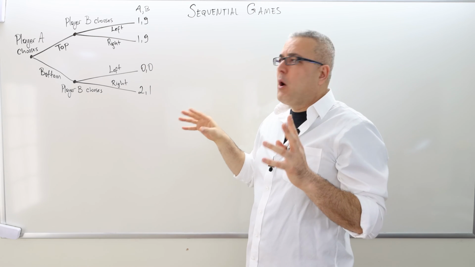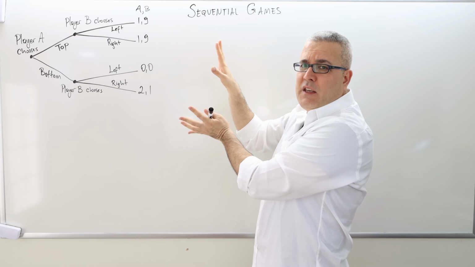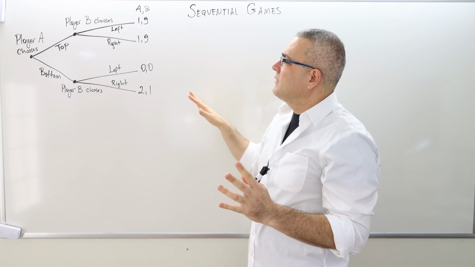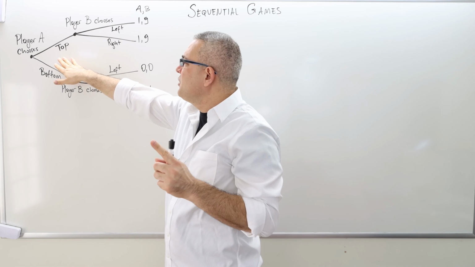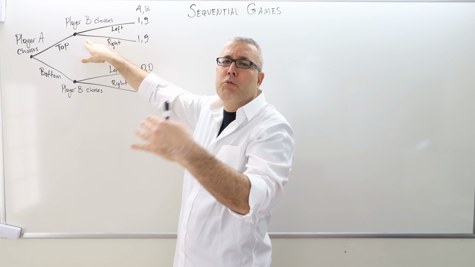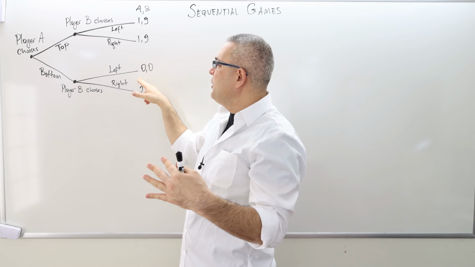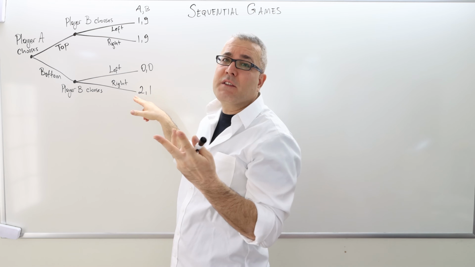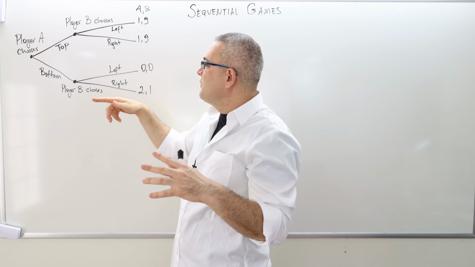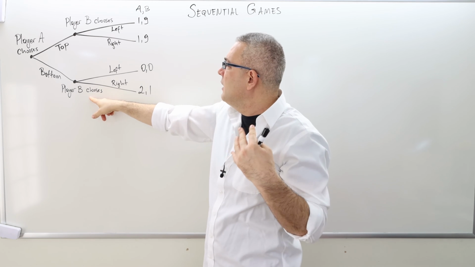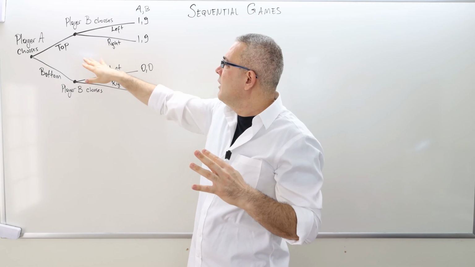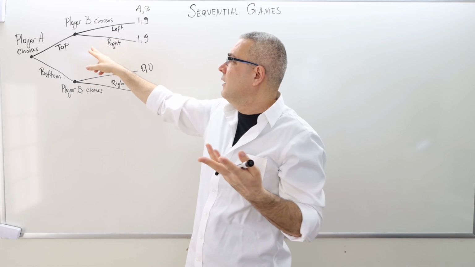Both player A and B basically see this game tree, just like you and I. So player A knows that if she chooses top, this is the branch the game will move on, and so she should forget about the payoff 2, for example. If she chooses bottom, then player B will know that 9 is out of the picture, because the game will not go back to this branch.